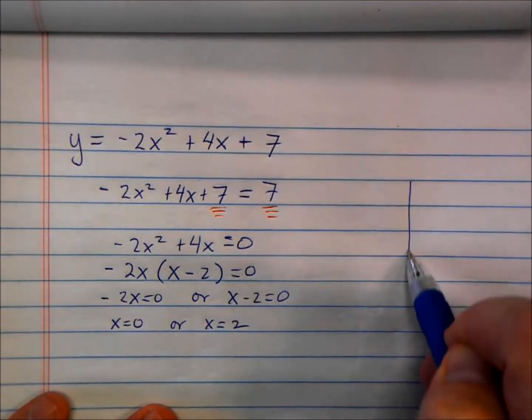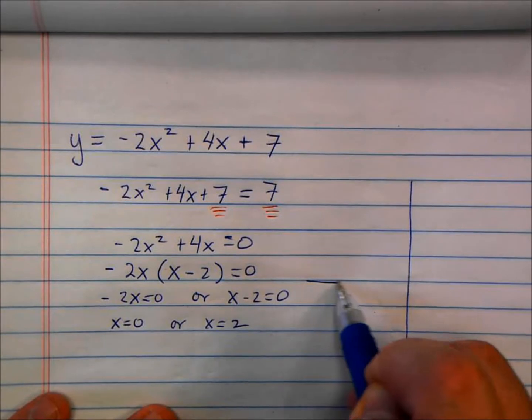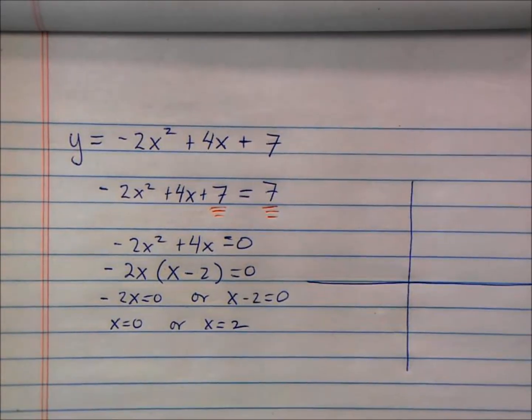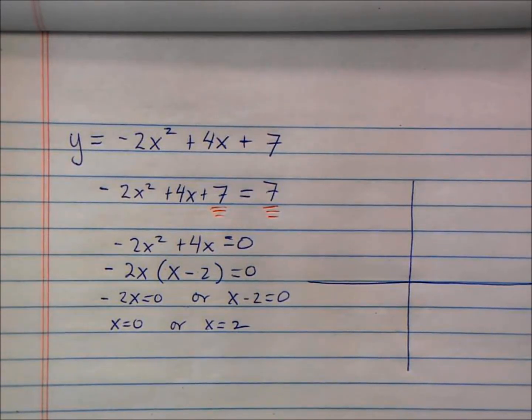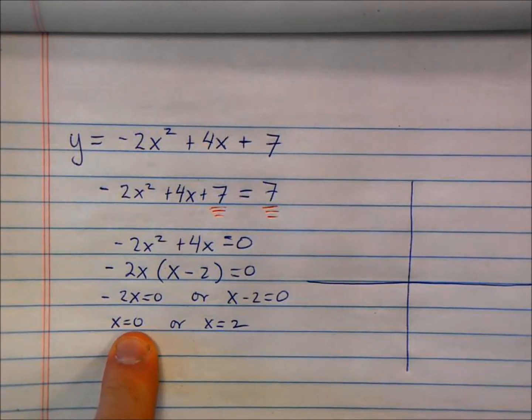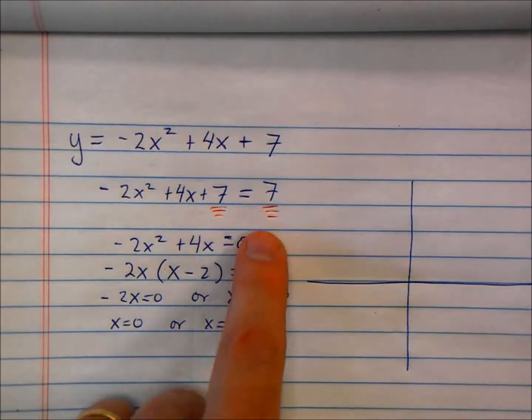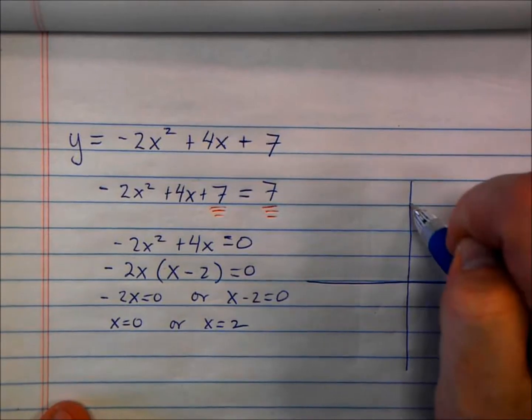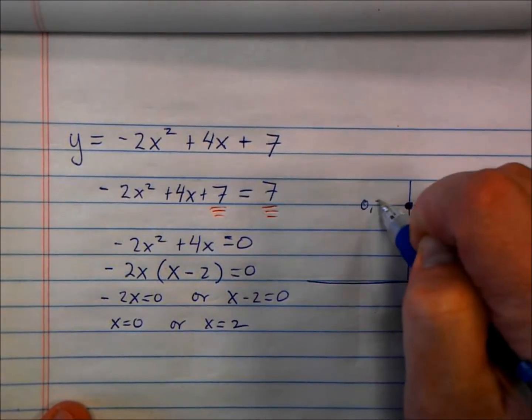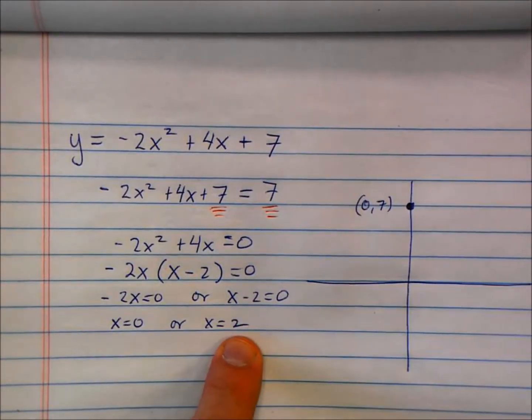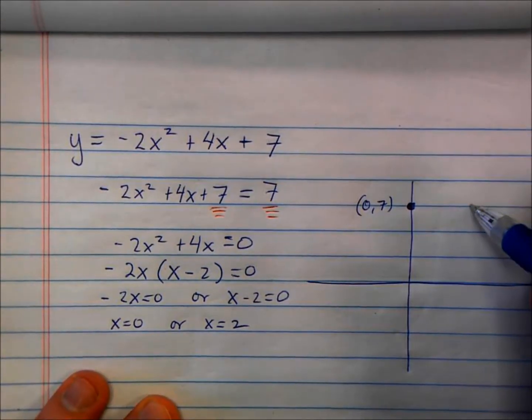Okay, so we have 2 points on our graph. What are the 2 points we have in our graph? X is 0, y is 7, because that's the number we set it equal to. So I have 0, 7. X is 2, y is also 7. So 2, 7 is right here.